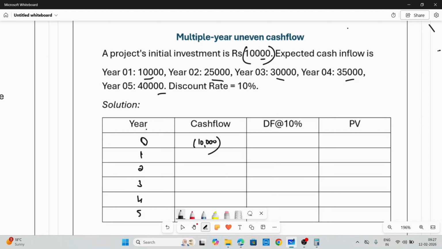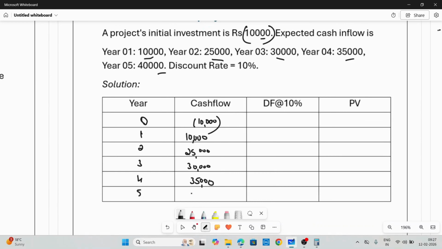Now start from the first year. What's the first year inflow? It's 10,000. Second year it's 25,000. Third year it's 30,000. Fourth year it's 35,000. And fifth year it's 40,000.